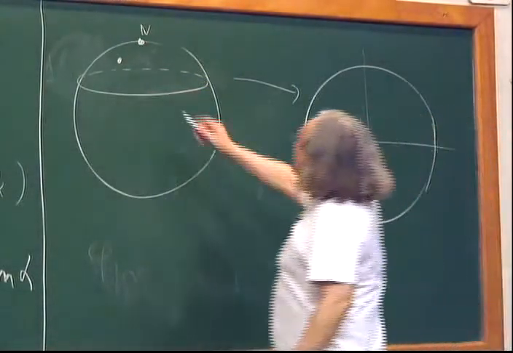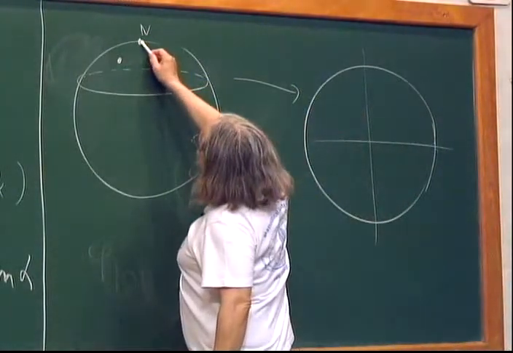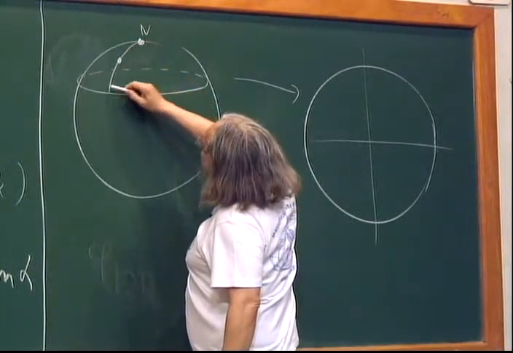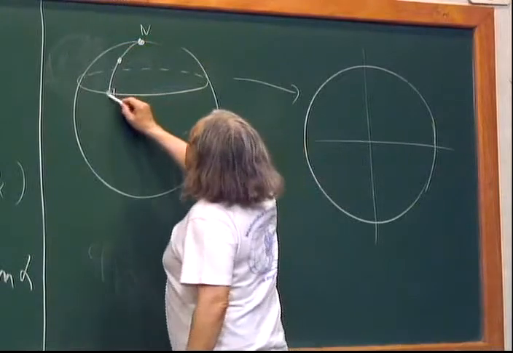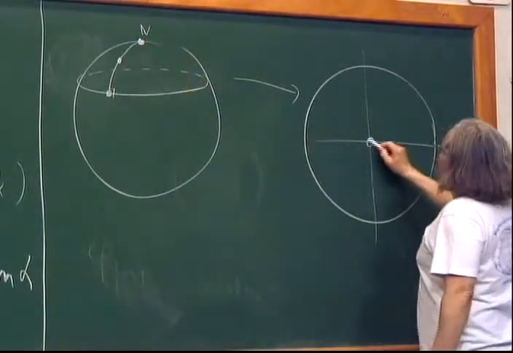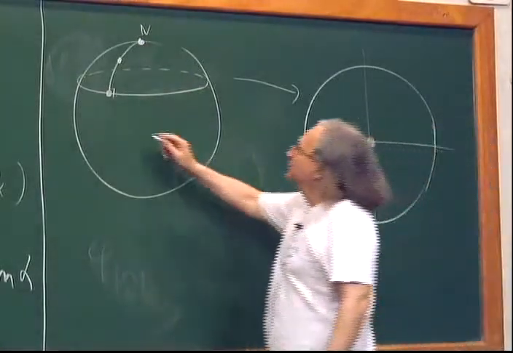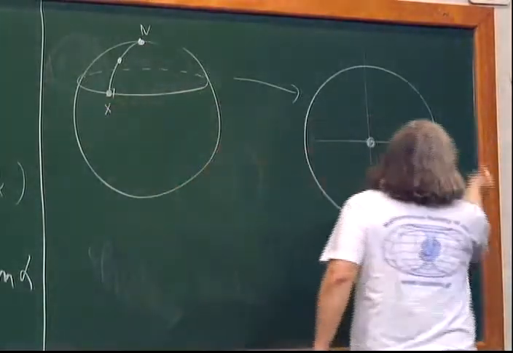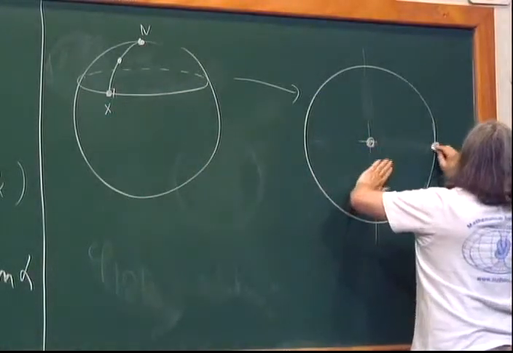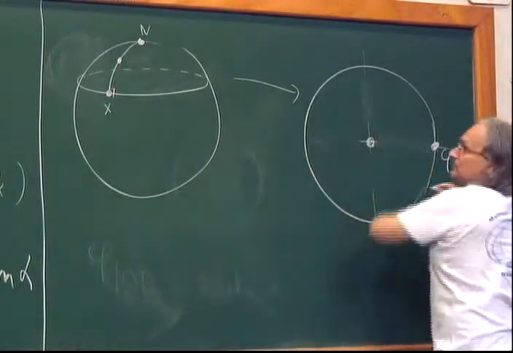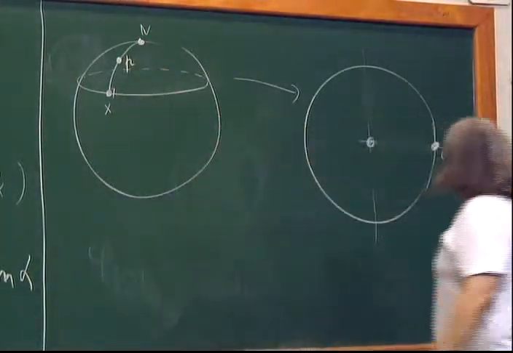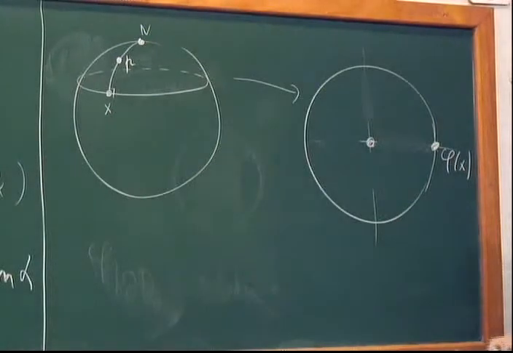Well, I take the meridian like that. This gives me a point. The North Pole, I know where it goes, here. This point x, let's say it goes here, phi of x. And this point P, I want to determine where it goes.